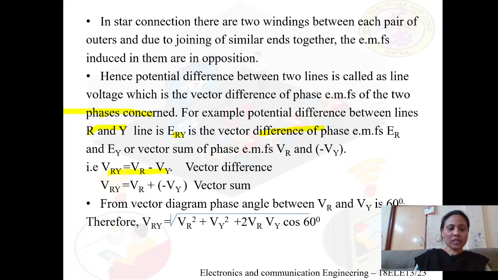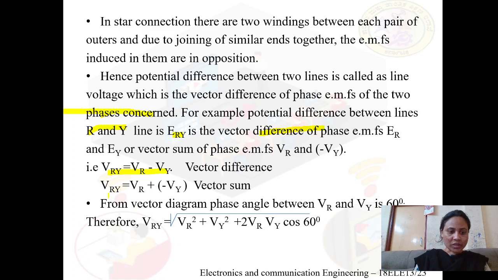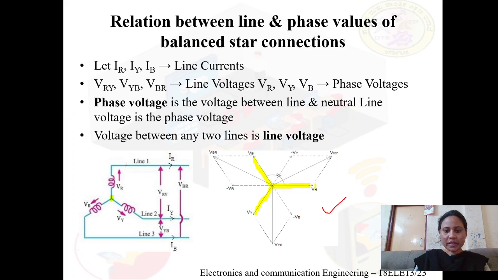Therefore, VRY is equal to VR minus VY. Here VR and VY are phase voltages. We can also represent it in vector sum form, that is VRY is equal to VR plus minus VY. According to this equation, VRY is equal to VR minus VY, we will complete the vector diagram.